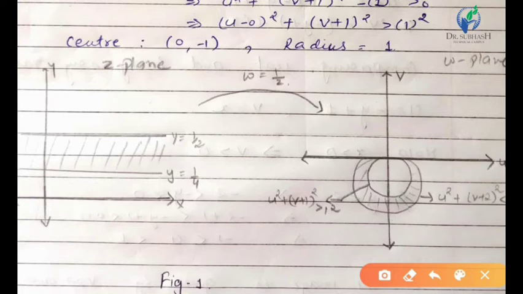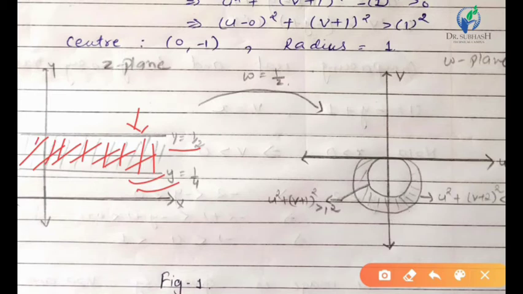See, y equal to 1 by 4 will be this line, and y equal to 1 by 2 will be this line. According to our given equation, y is greater than 1 by 4 and y is less than 1 by 2. So this shaded portion is our given region.